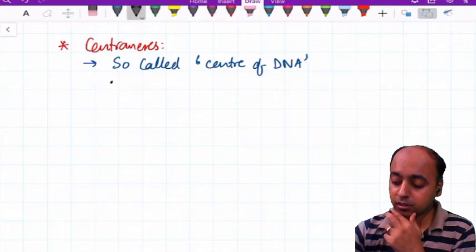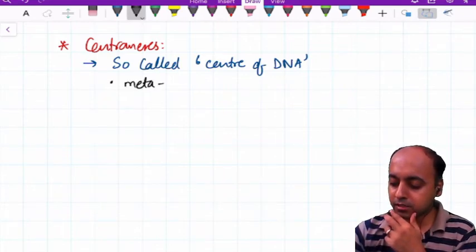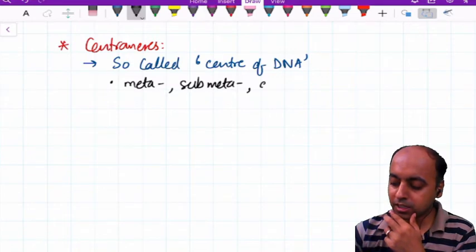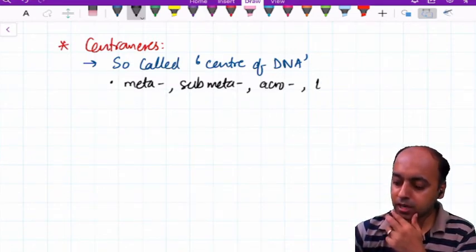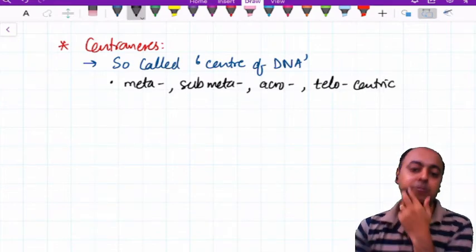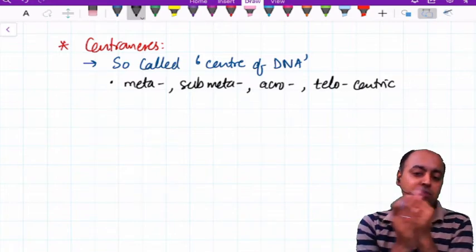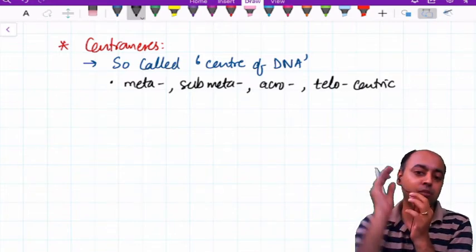I say the so-called center of DNA because it need not be present at the center. If you recall, the DNA can be metacentric, sub-metacentric, acrocentric, or telocentric, describing the position of the centromere. Meta means at the center, sub-meta slightly away from the center, acro means towards the end, and telo means right at the end.